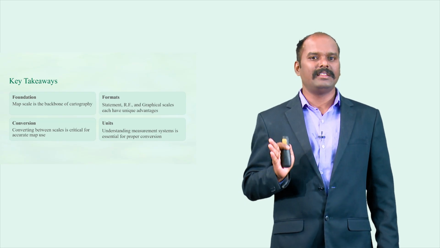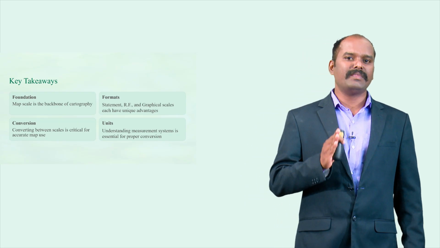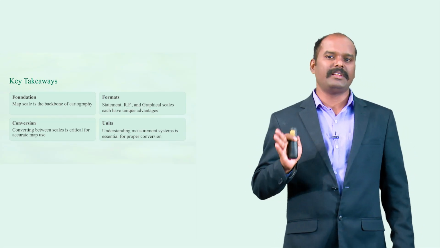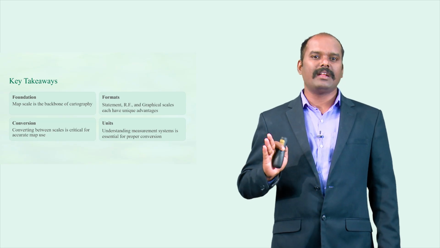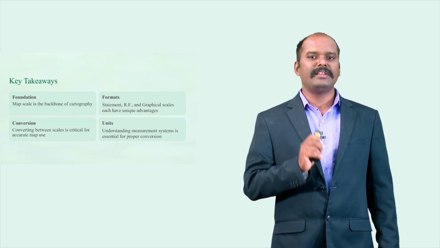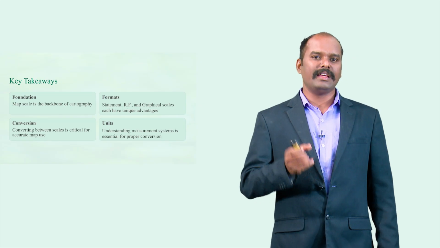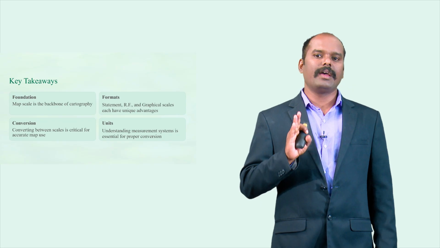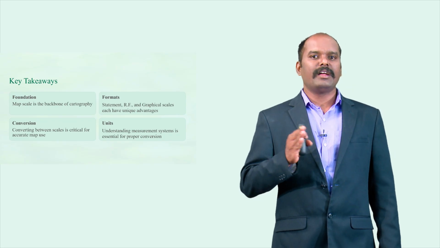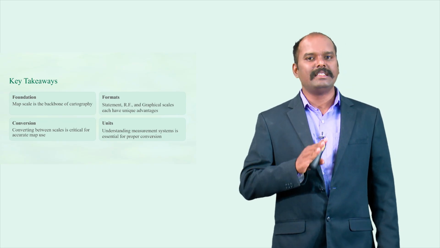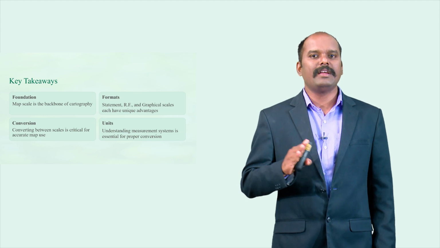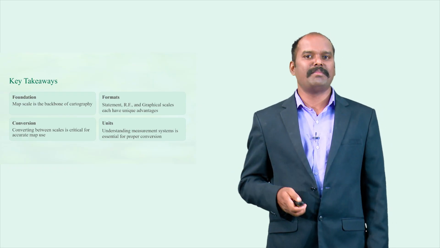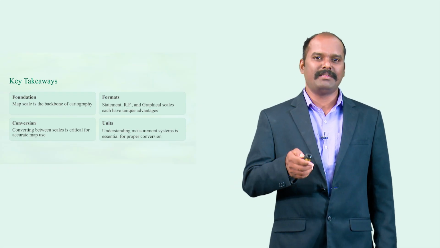In the next lecture, we will learn about conversion and construction of representative fraction scale to graphic scale. We know there are 3 different representative methods of scale: statement, representative fraction and graphic. And there are two major measuring systems followed by cartographers while making scales: the English system of measurement and the metric system of measurement.